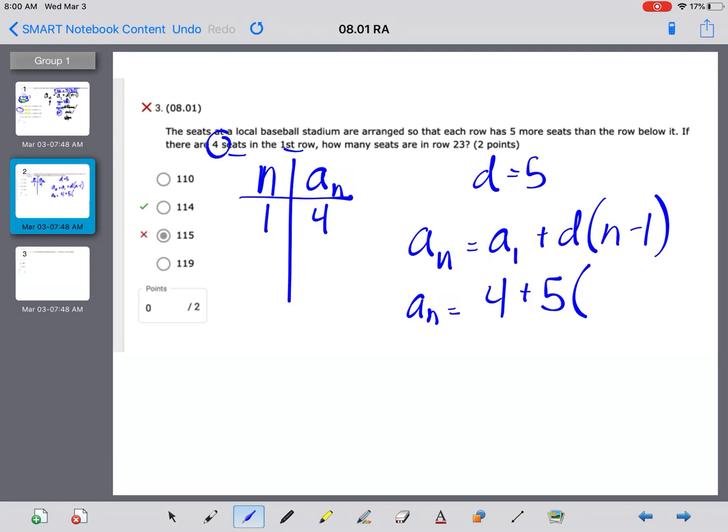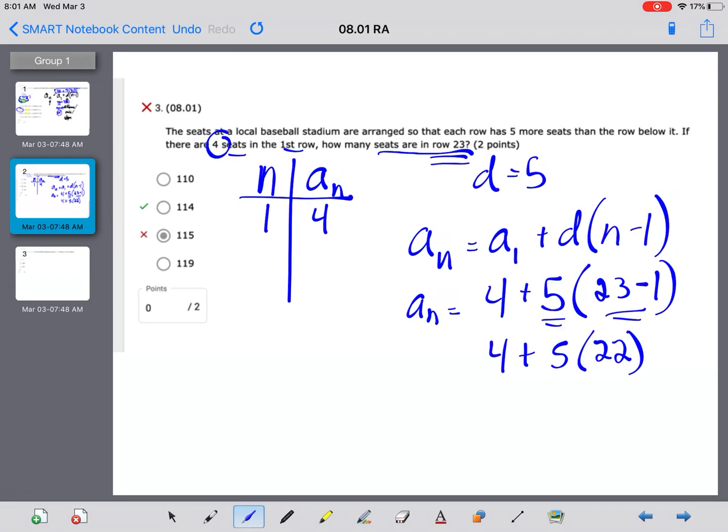So you take n minus 1, and the number of rows that we're talking about is row 23. So you really have to add 5 22 times because there's 22 more rows, and you're increasing 5 every time, and you tack that onto the amount from the first row. So that's how you got 114. So you were right on.